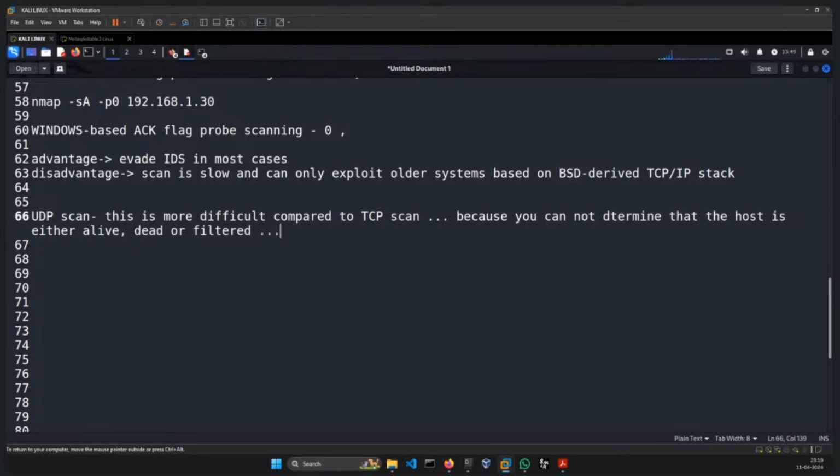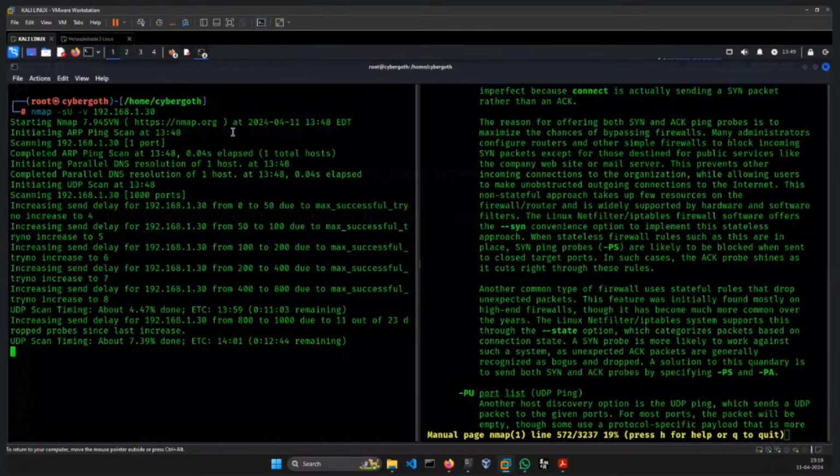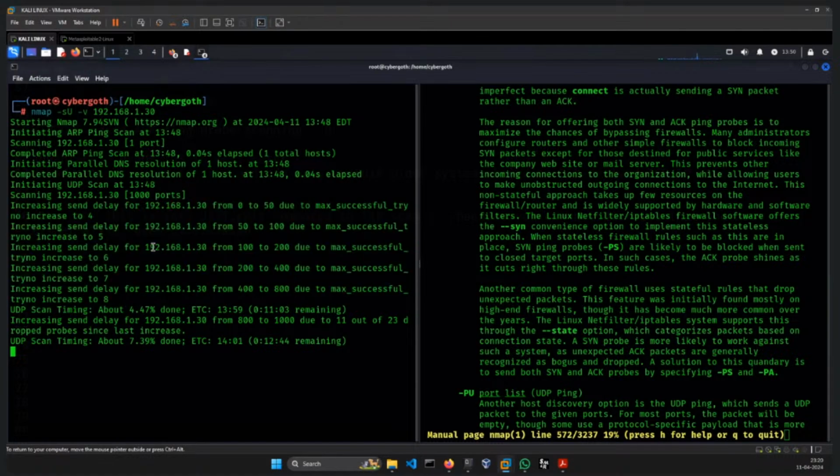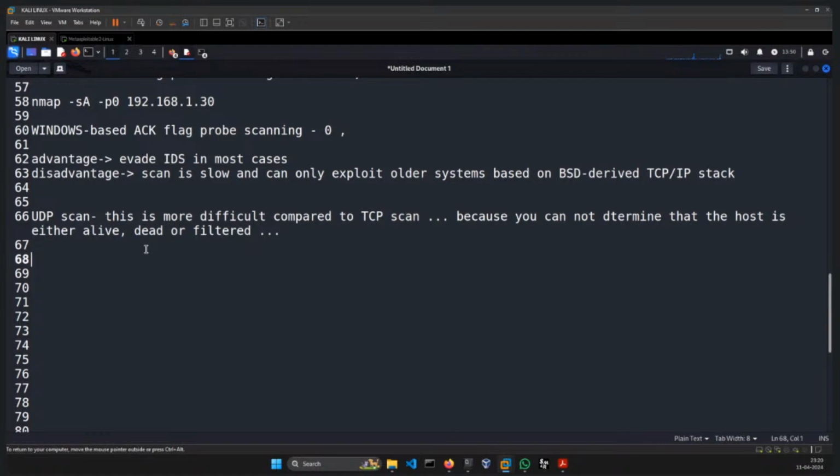Alive, dead means open and closed. If you take a look at this, you will see there is no such thing as open, closed, or any of those things, right? So understanding this is a bit difficult. You tell me, from this part of the output, can you understand what is happening? No, right? That's the issue here.